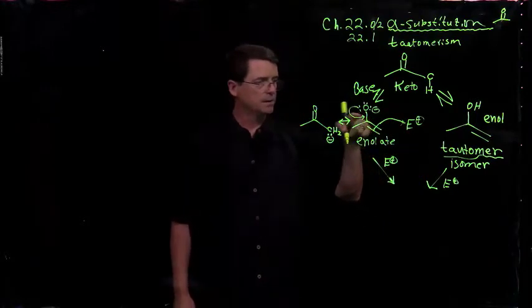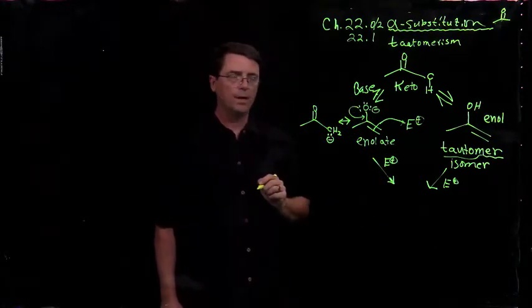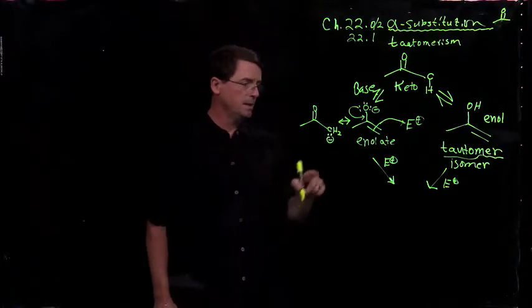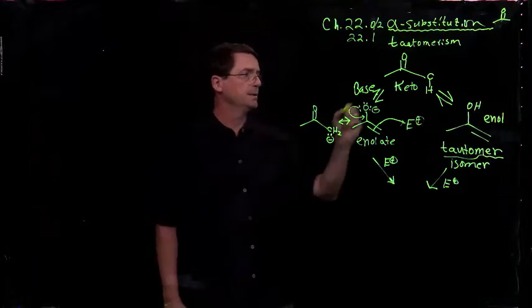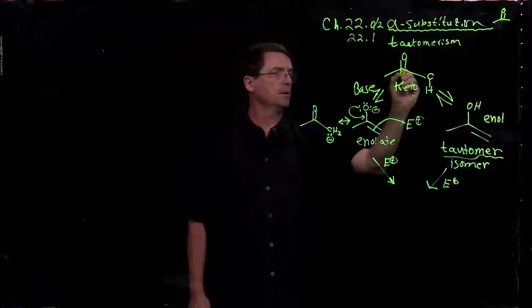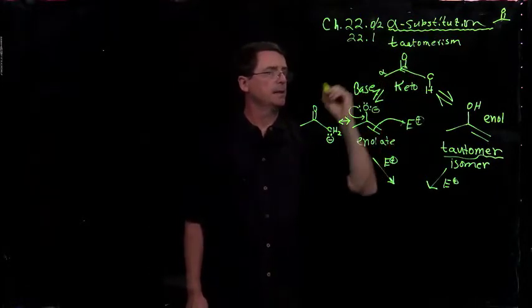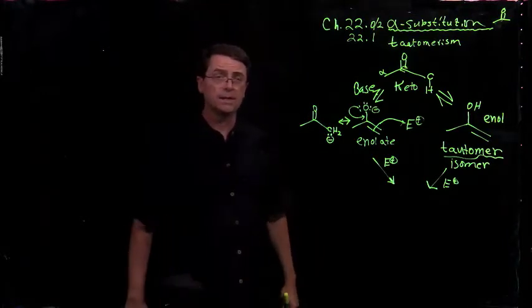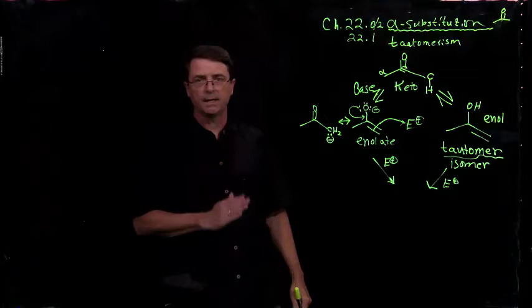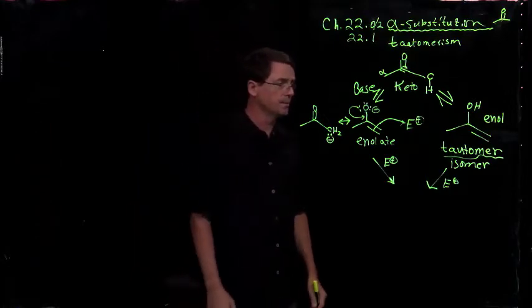So the lone pair of oxygen comes down to reform the double bond. We swing out the pi bond and attach the electrophile at the alpha carbon. So here's the carbonyl carbon, and this is the alpha carbon, and we count the atoms as we move away, as we've already seen with conjugate addition: alpha, beta, gamma, delta, epsilon, and so forth.